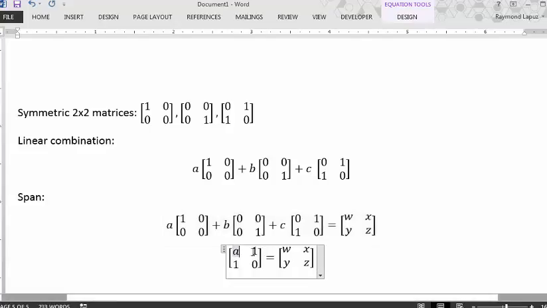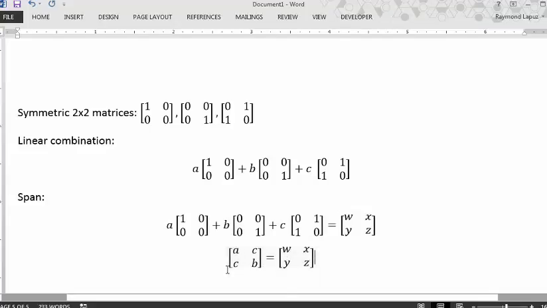So the span of these three matrices is the set of, now if we look at this, it looks like all symmetric matrices now. A and B are not restricted to being equal to each other. They're independent from each other, but the wings have to be the same. So it's a set of all 2 by 2 symmetric matrices.